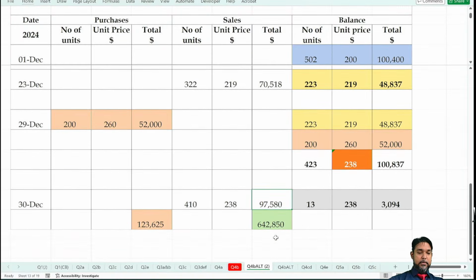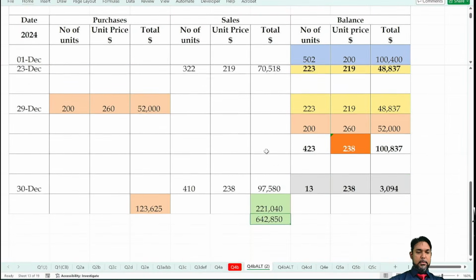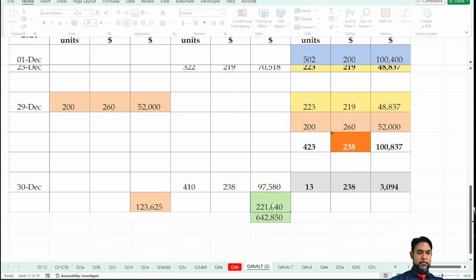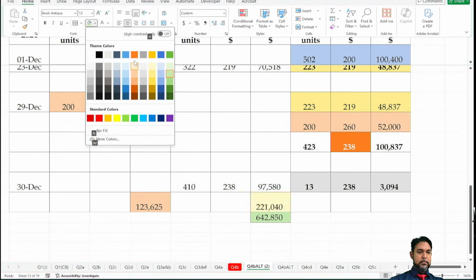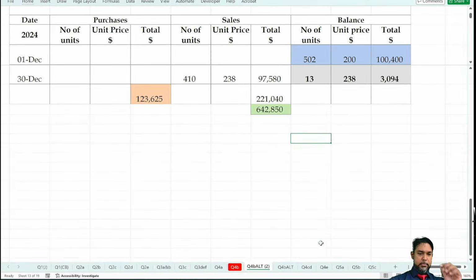Oh, sorry, hold on. I forgot what I was doing here. This, that, this. I don't know how I can use it. Okay, so none. Cool. So the 221,040 actually looks like what you're supposed to have.